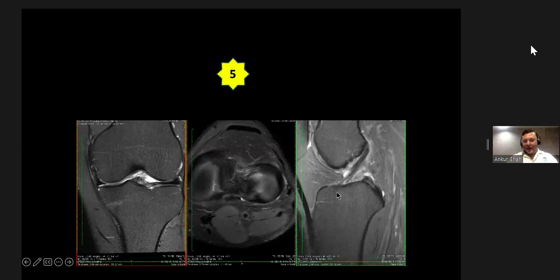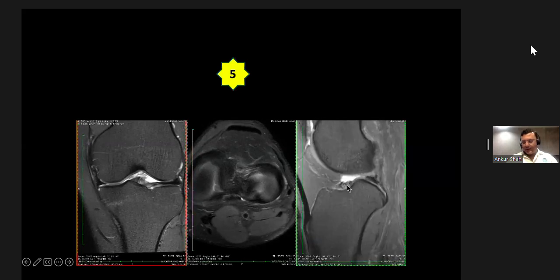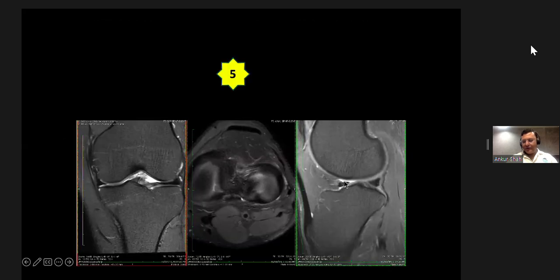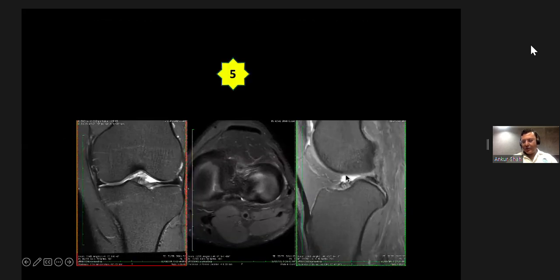The fifth one was hyperintensity in the anterior horn of the lateral meniscus. If you look carefully, if you trace this, the rest of the meniscus is completely fine. What we are seeing is only at its anterior root attachment there is hyperintensity, and this is the normal fleshy attachment of the anterior horn of the lateral meniscus. This is characteristic of the lateral meniscus, that it has a fleshy attachment at its anterior root, and it is not a tear.